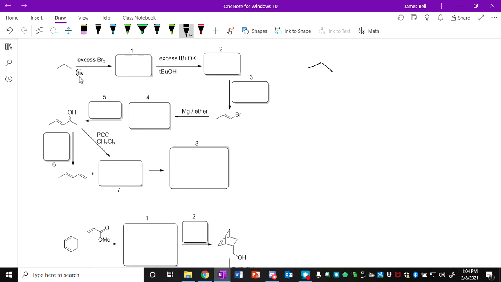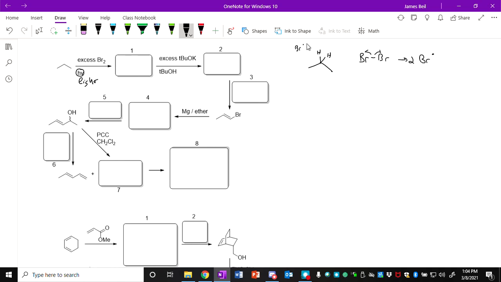So in the presence of light, that's the key thing there that helps us to recognize the bromine is going to split homolytically to produce a bromine radical, actually multiple bromine radicals. And then we do expect the secondary position to be much more reactive than the primary position. The primary free radical would not be effectively stabilized by hyperconjugation.